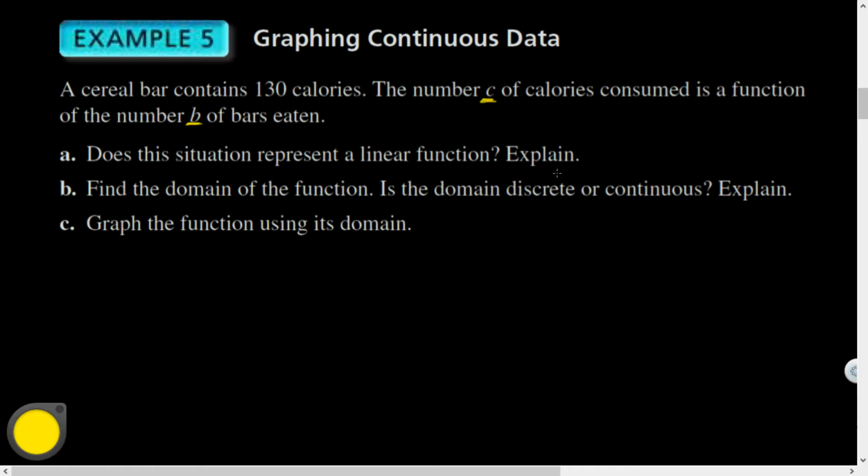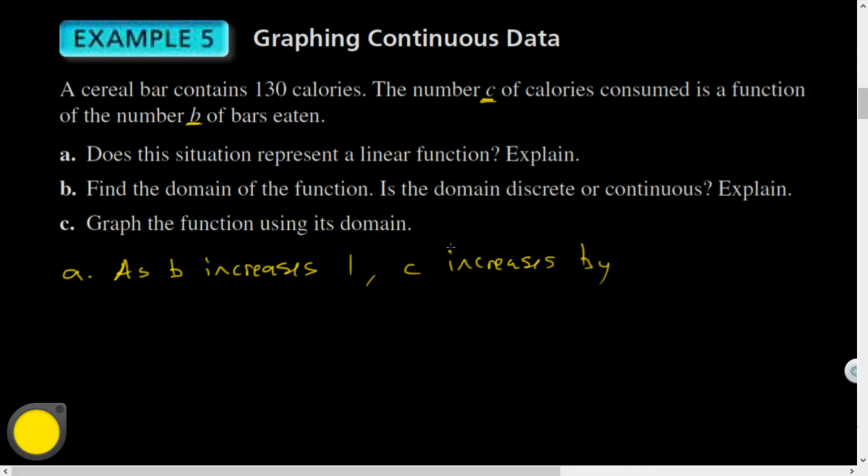Linear function. Is it going to be a constant rate of change, do you think? Let's see. So for A, as B increases, for every 1 bar I eat, how many more calories do I get? What do you think?